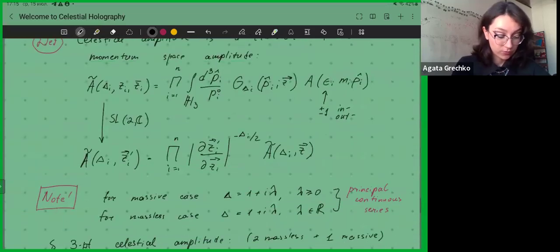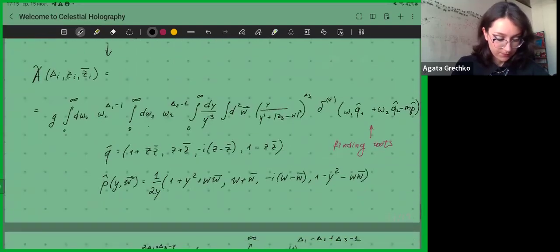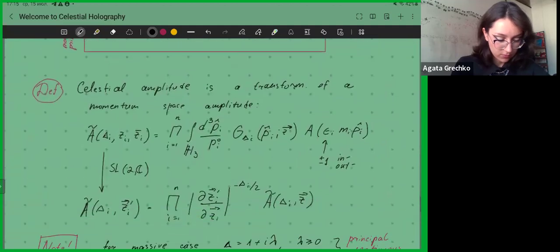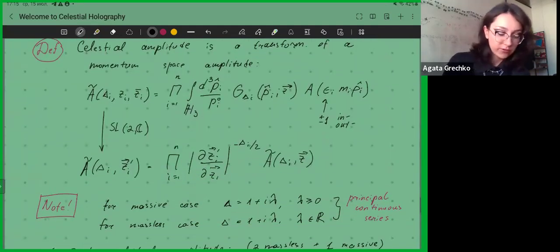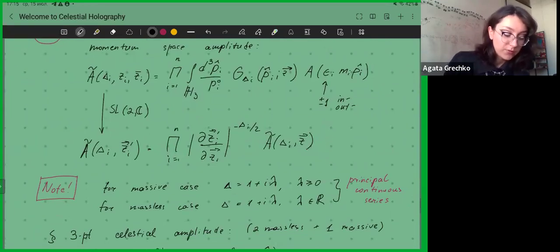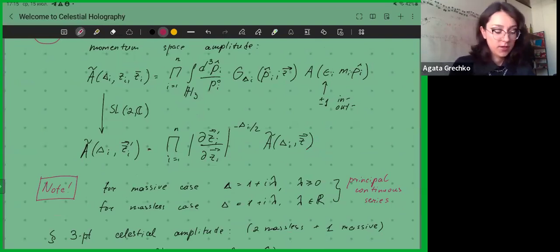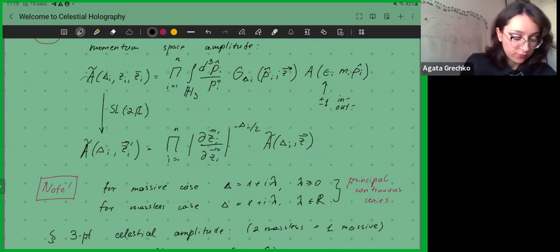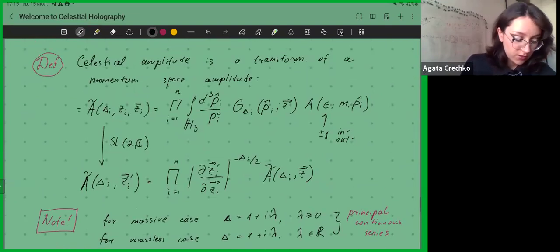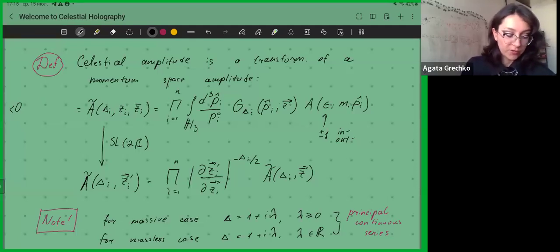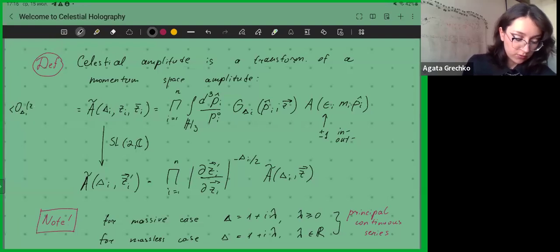By the way, I wanted to, where is it? This is our celestial amplitude. I wanted also to specify that our celestial amplitude can be written in the form of conformal correlation function, right? Of some general form of operators, of conformal primary operators with some dimensions delta depending only on the celestial sphere coordinates, right?